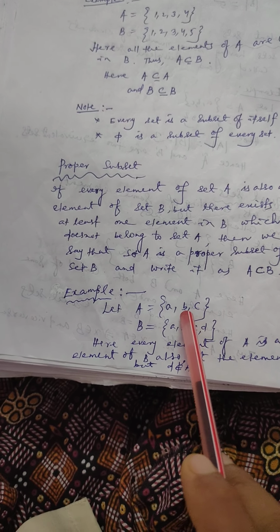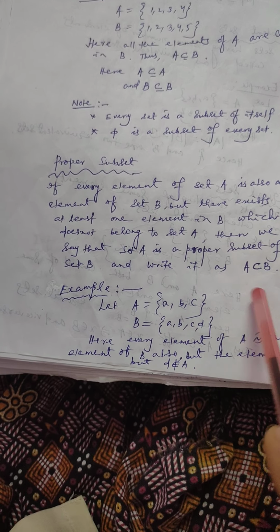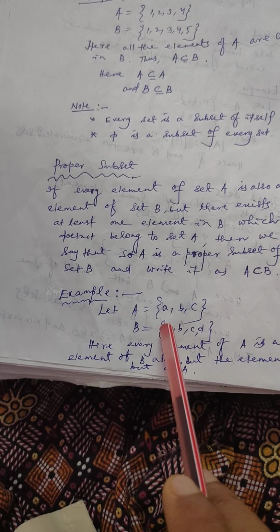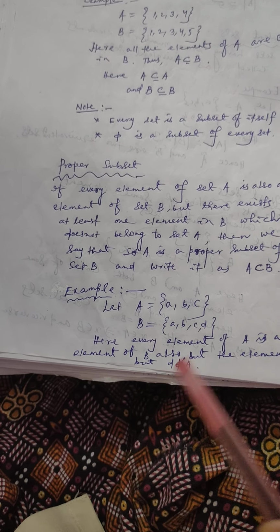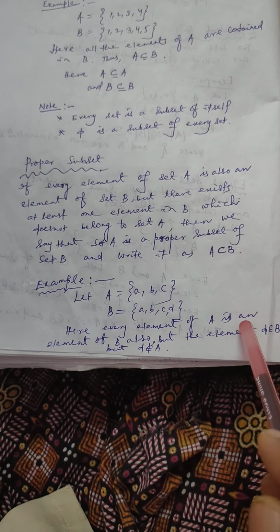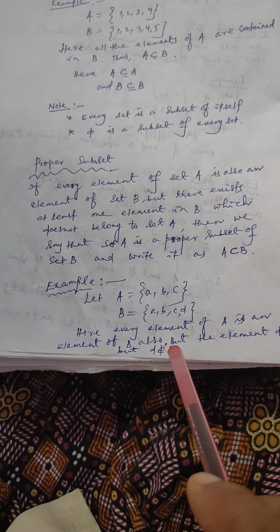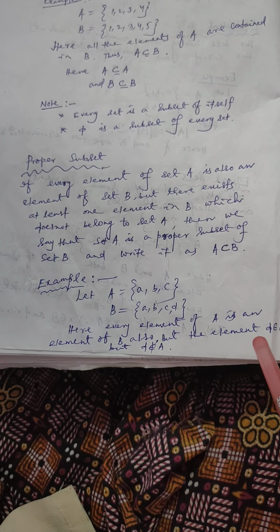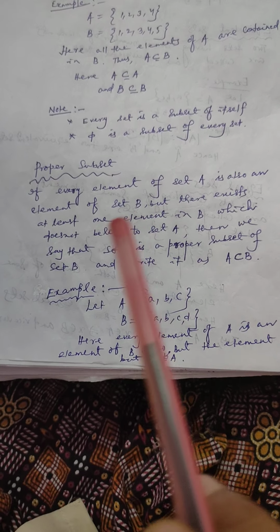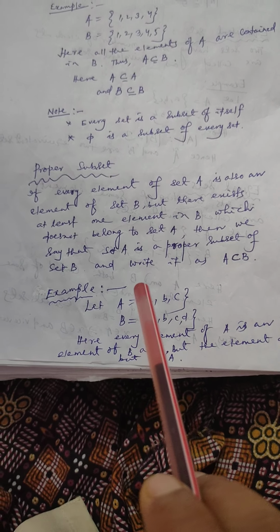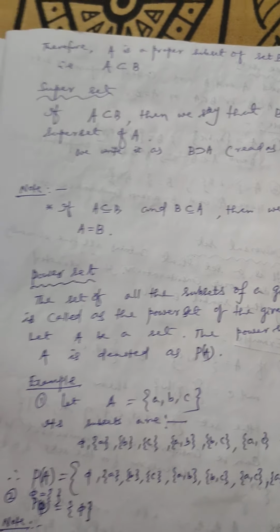Let A be the set consisting of elements a, b and c. B be the set having elements a, b, c and d. Here every element of A is an element of set B also, but the element d belongs to B, whereas it does not belong to A. Therefore, A is said to be a proper subset of B.